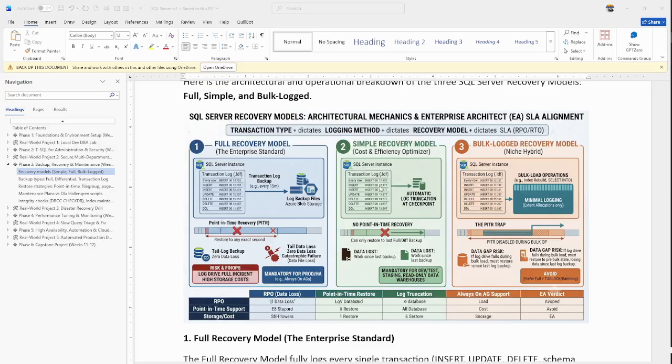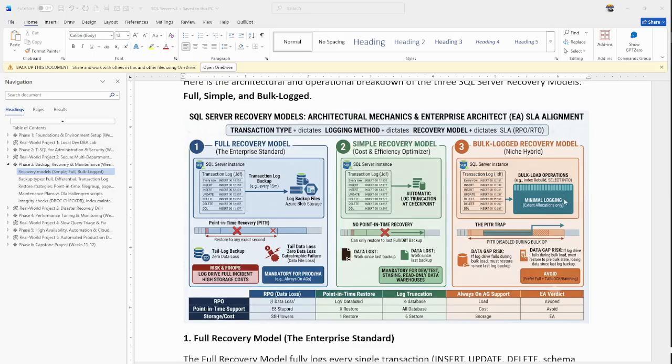Then you have something called the bulk logged recovery model. This is the latest one. It acts as a full recovery model, but with minimal logging.